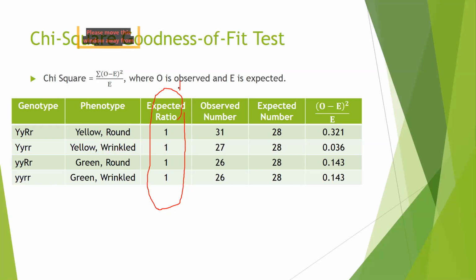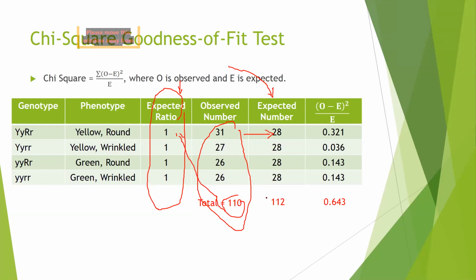So this is your model. And if this model is true, then you can calculate the expected value for each category. First, you calculate the total, and then you multiply the total by each fraction here to end up with a value here. So this is the expected value for each category.